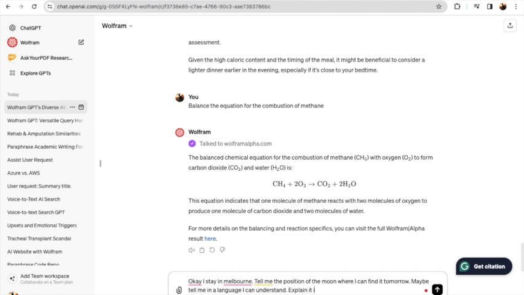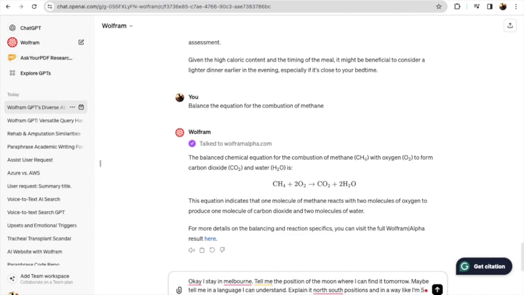Explain it in north, south positions, and in a way like I'm 5.